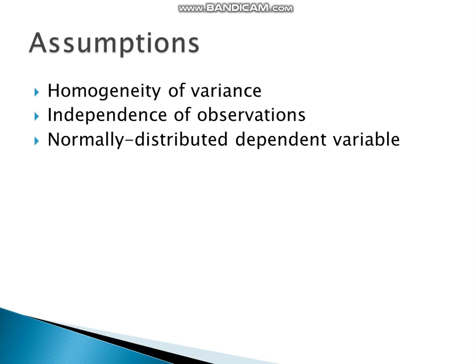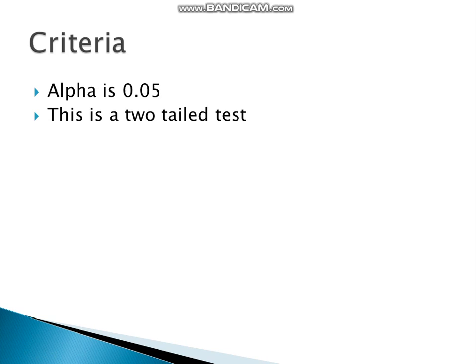The criterion is alpha equal to 0.05, and this is a two-tailed test.